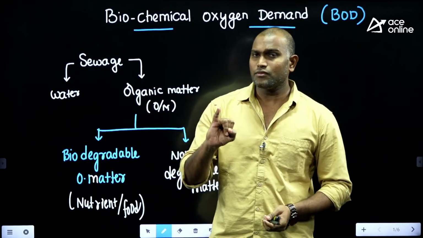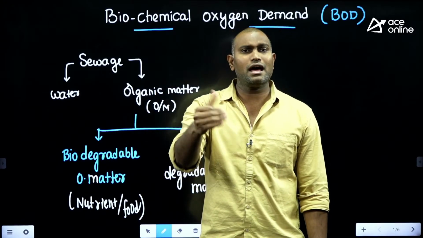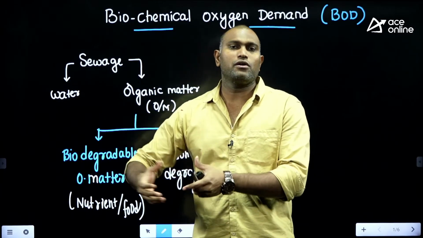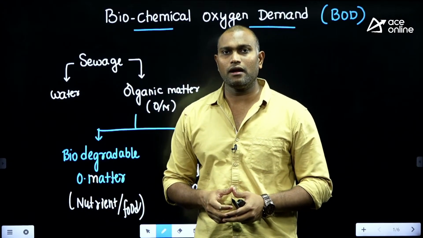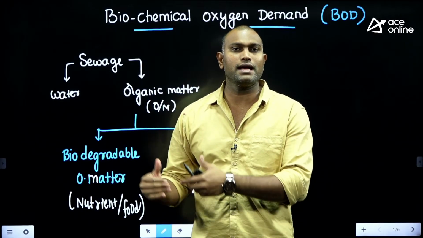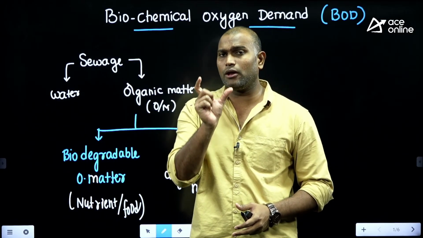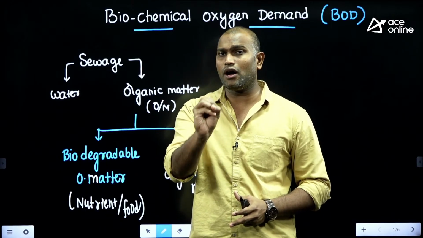So in sewage, there is food and there are microorganisms, of different types based on their survival. There are aerobic bacteria and there are anaerobic bacteria. Aerobic bacteria live in the presence of oxygen.